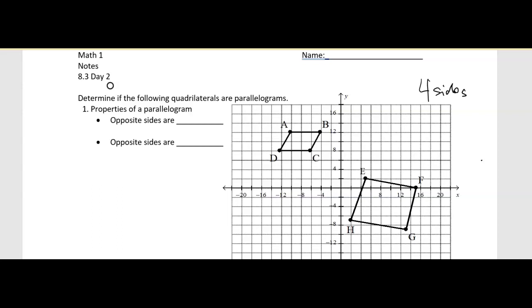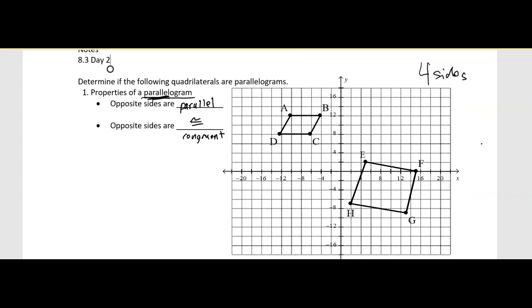To be a parallelogram specifically, its special property is that your opposite sides, so the sides directly across from each other, need to be parallel. That's why you see the word parallel in the word parallelogram. And then the opposite sides are, if you remember this little symbol here, that means congruent, which means they have the same length.